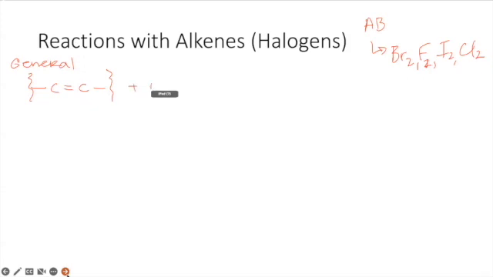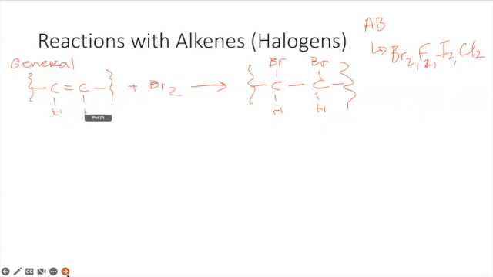And if we were to add, let's just say bromine, we're going to break that double bond and put one atom on each carbon. And again, I'm going to draw out the implied hydrogens. They're here. So if we got more specific, let's say we had 1-butene.